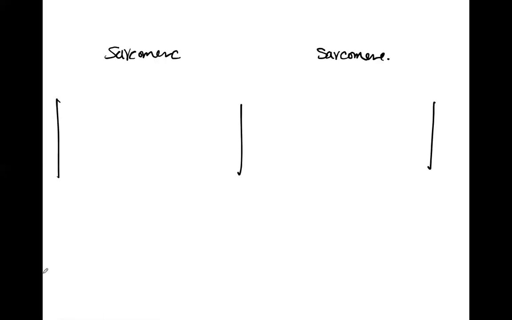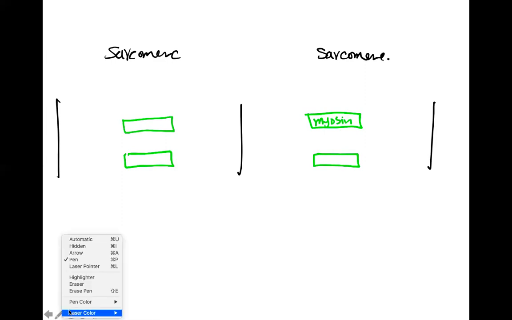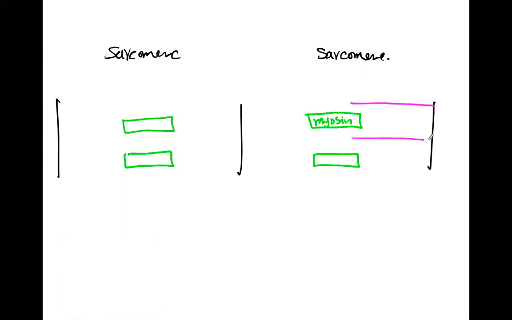Now, what do we have inside the sarcomere? We have the two proteins. So the big thick protein that we have, and we identified that earlier, that's the thick filament, which is your myosin. And you have your thin filament, which are basically the skinnier or the thinner lines are called actin.